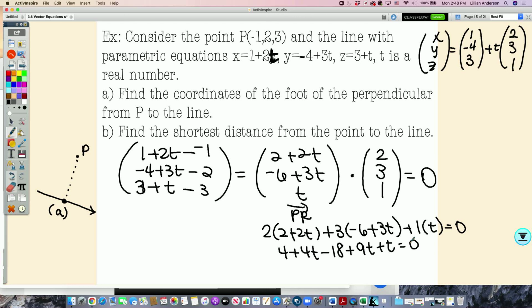If I combine all my terms, that's 14t minus 14 is equal to 0. 14t is equal to 14, so t is equal to 1.